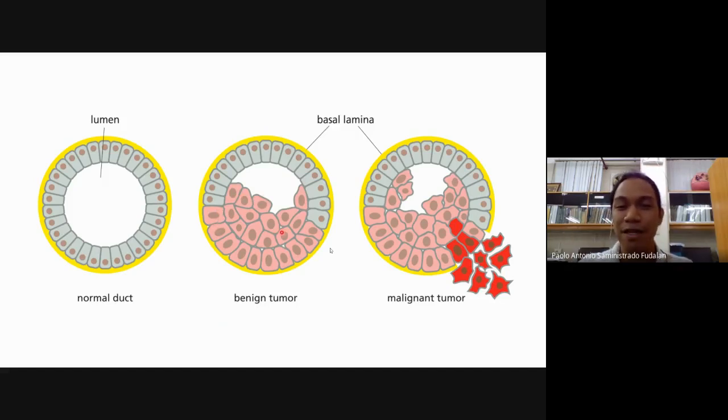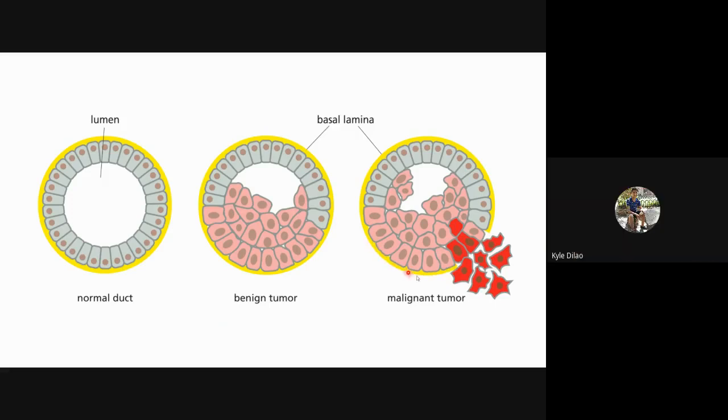But then, the mutation can actually lead to something worse, wherein the cells gain the ability to produce excess amounts of an enzyme that digests the basal lamina. What was that enzyme? Matrix metalloprotease. Correct.